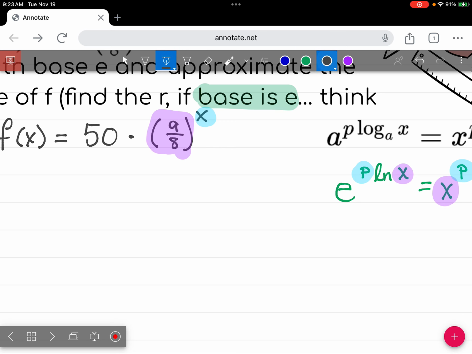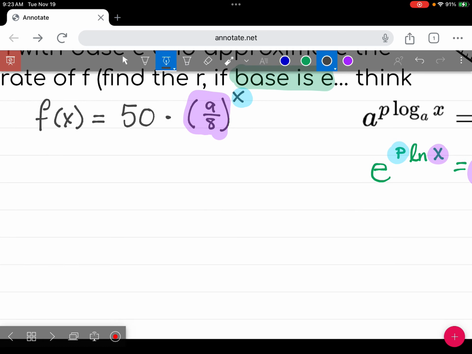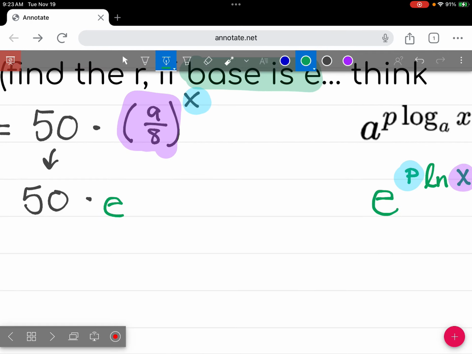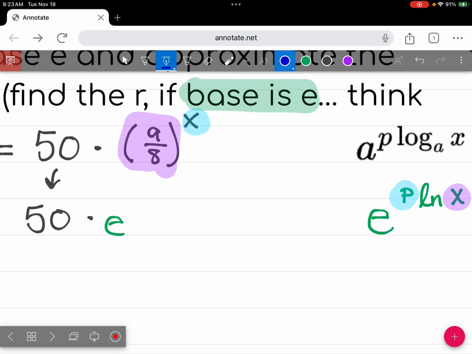So the 50 out in front really doesn't do anything. It's just going to plop down. This guy's just dropping down. He's not doing anything. We are trying to change this piece. So we're going to make it have an e. But that means I have my ln of the whole chunk up there. So the power is going to be in the front.